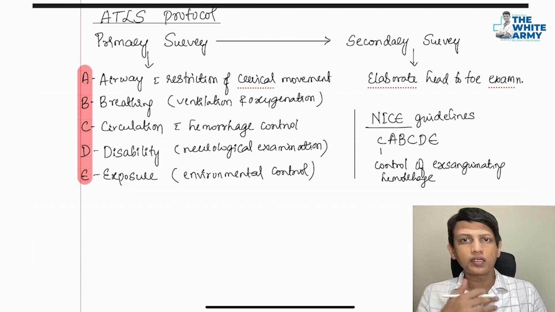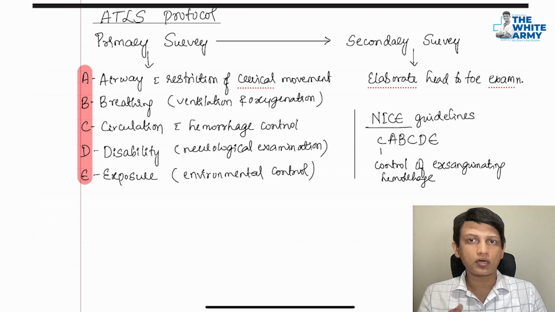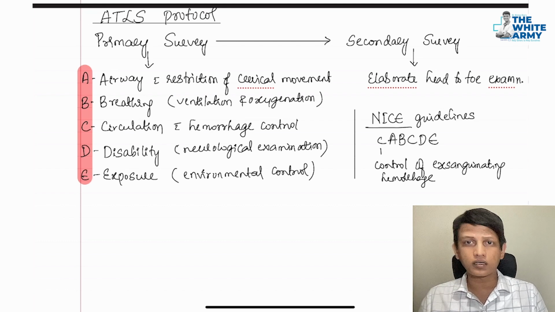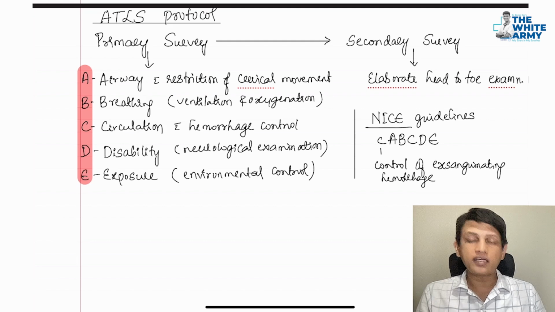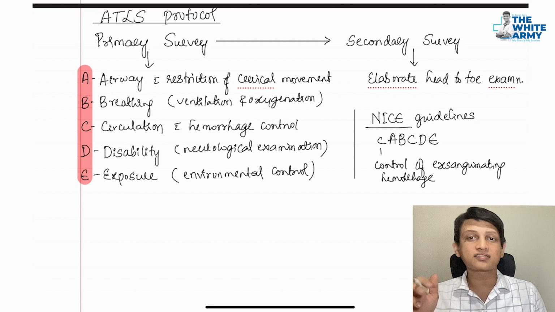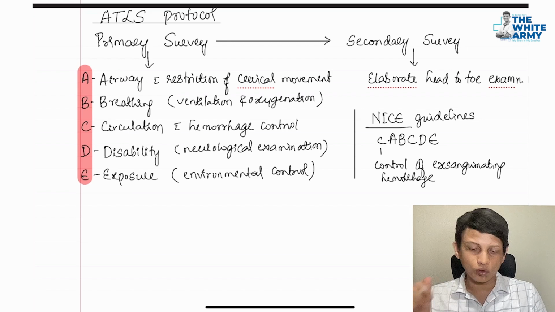Here, we usually in India follow American guidelines, American trauma life support protocols. Whereas in some of our books, some of you may get confused by another protocol, that is CABCDE, control of exsanguinating hemorrhage, C, sometimes written as NICE guidelines or Bailey and Love. It's UK. They mainly follow this.